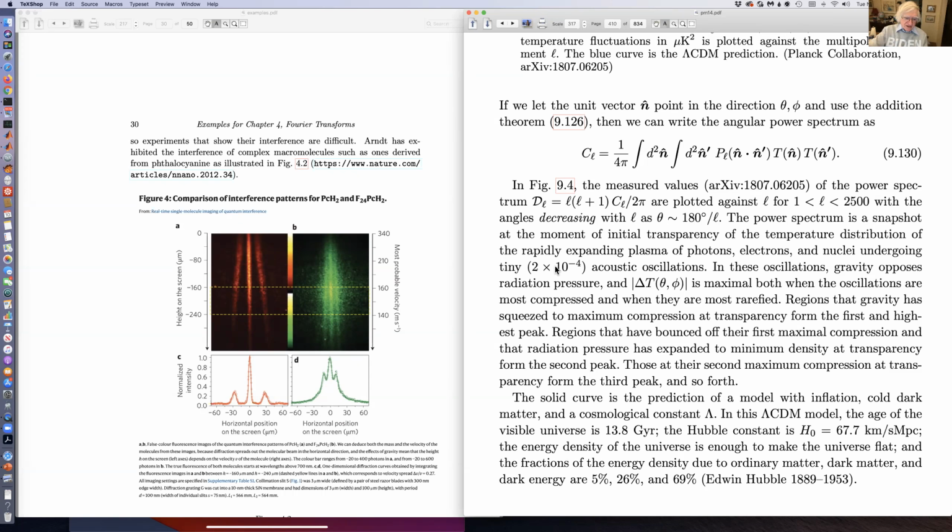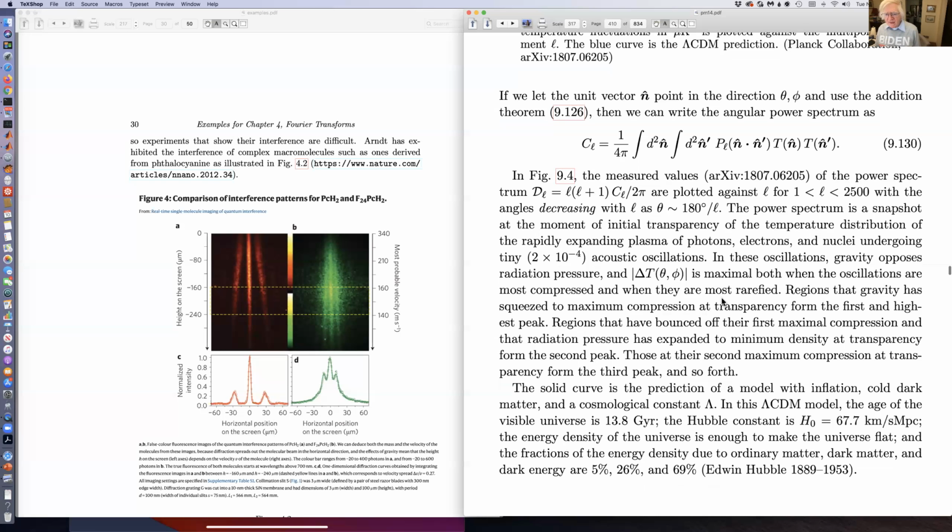In other words, the gas has expanded, and it spends more time at the minima and at the maxima than in between. That's just the nature of a harmonic oscillator. And so the temperature deviation is maximal when it's most compressed and most rarefied.